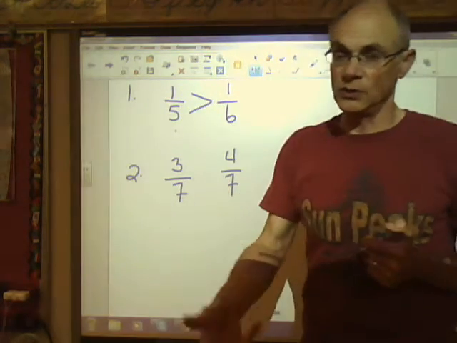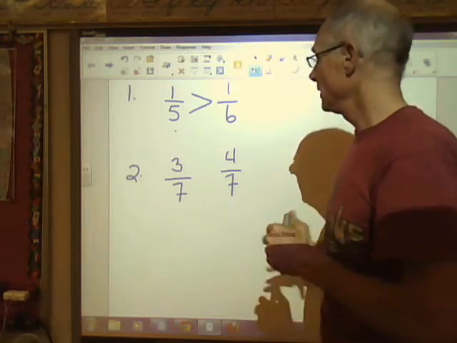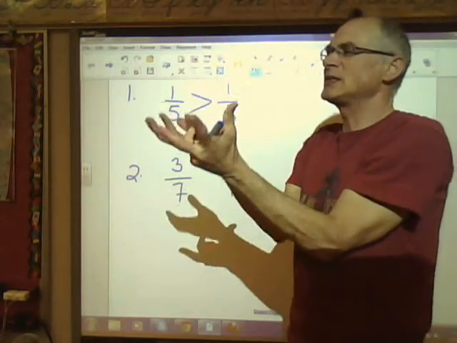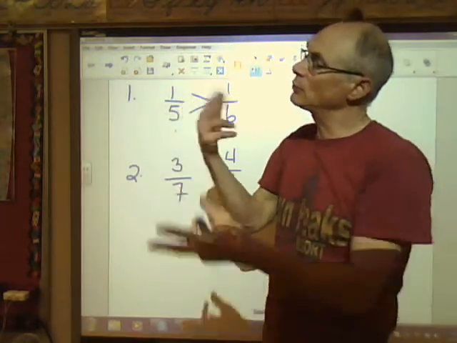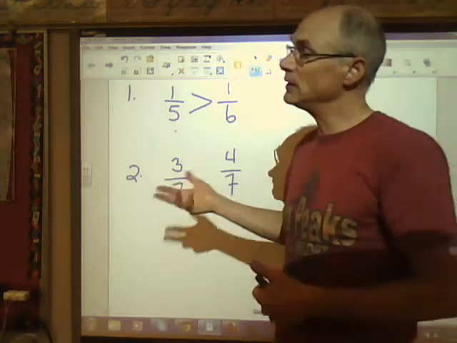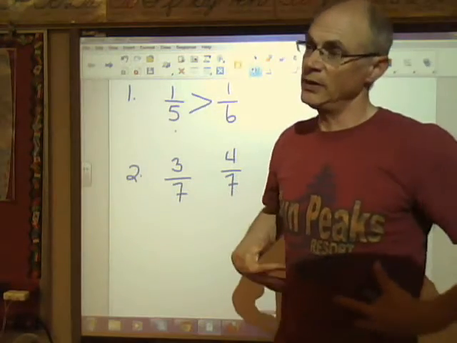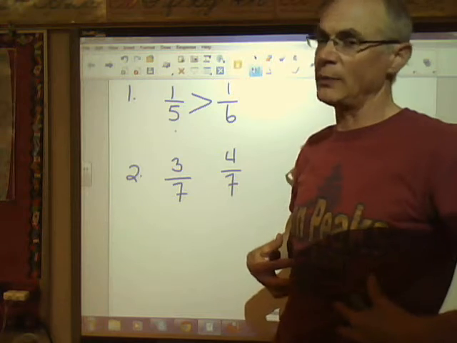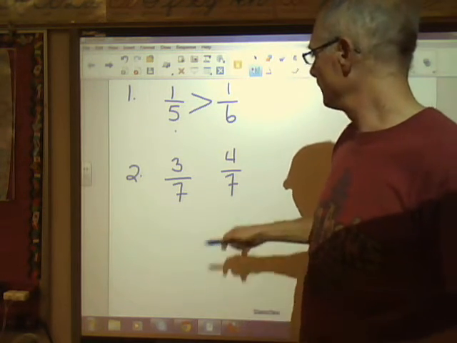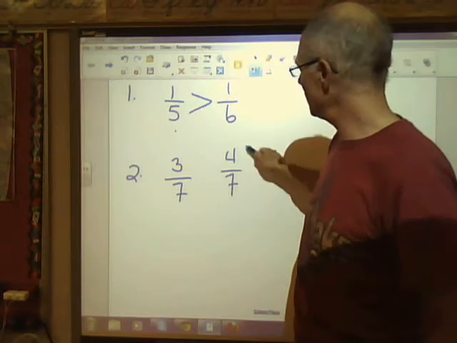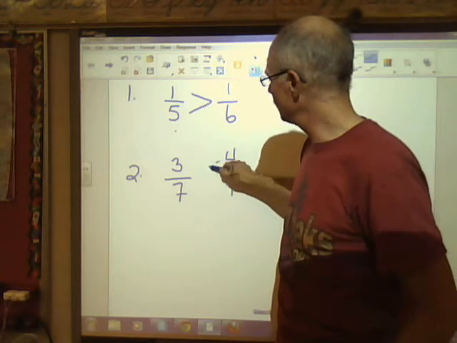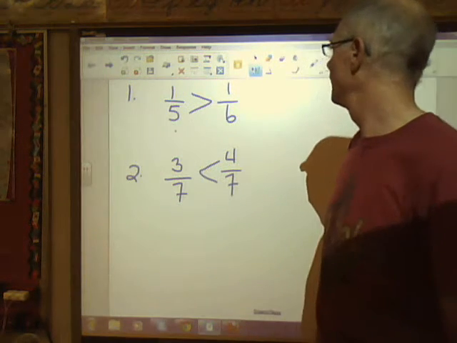I like to look at food because I'm always hungry. So I have a pizza that's got 7 pieces to it. Now I can eat 3 pieces or I could eat 4 pieces. I'd rather eat 4 pieces. I'd be much happier having more pizza. So that means 4 is bigger than 3.